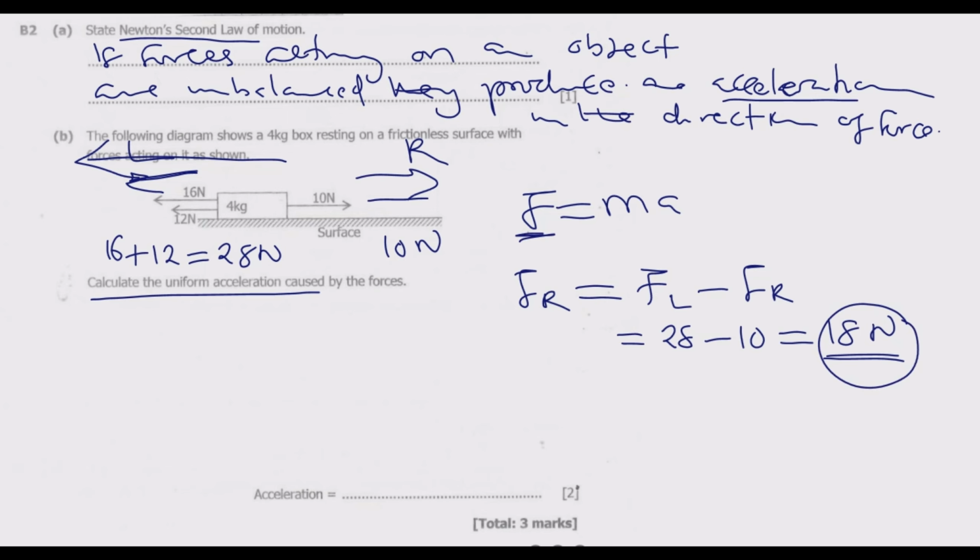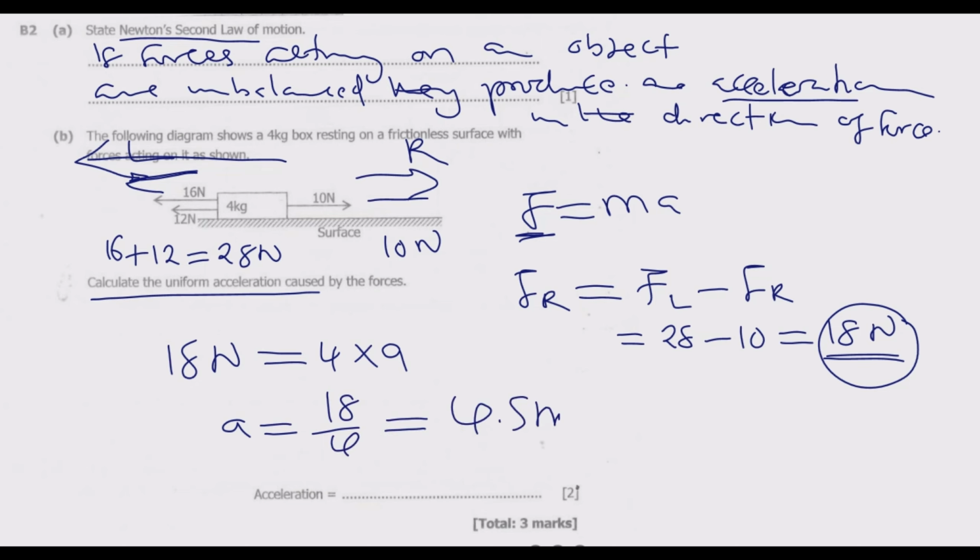So we're going to have 18 newtons equals mass, which is 4 kg, multiplied by acceleration. So to find the acceleration, it is just 18 divided by 4, which is equal to 4.5 meters per second squared. This will be the resultant acceleration. So basically this is how you answer this question to get the optimal marks.